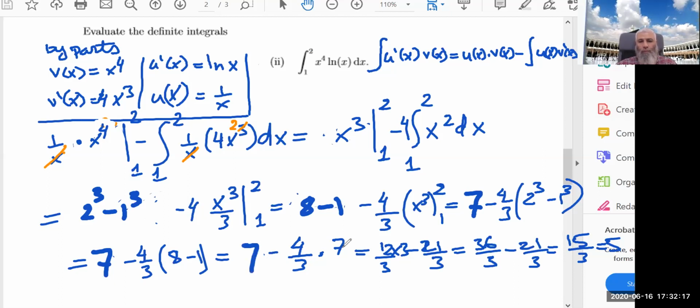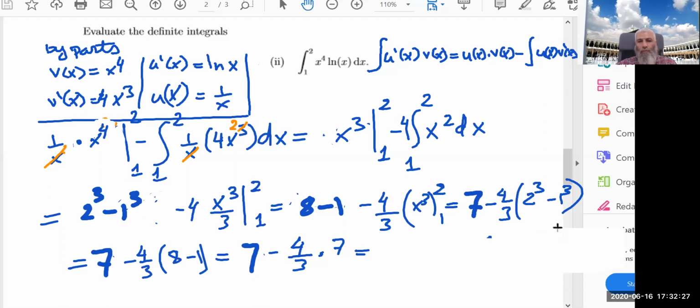So we also need to multiply 7 by 3 over 3 to make a common denominator, right? Yes. So this is 21 over 3 minus 28 over 3.